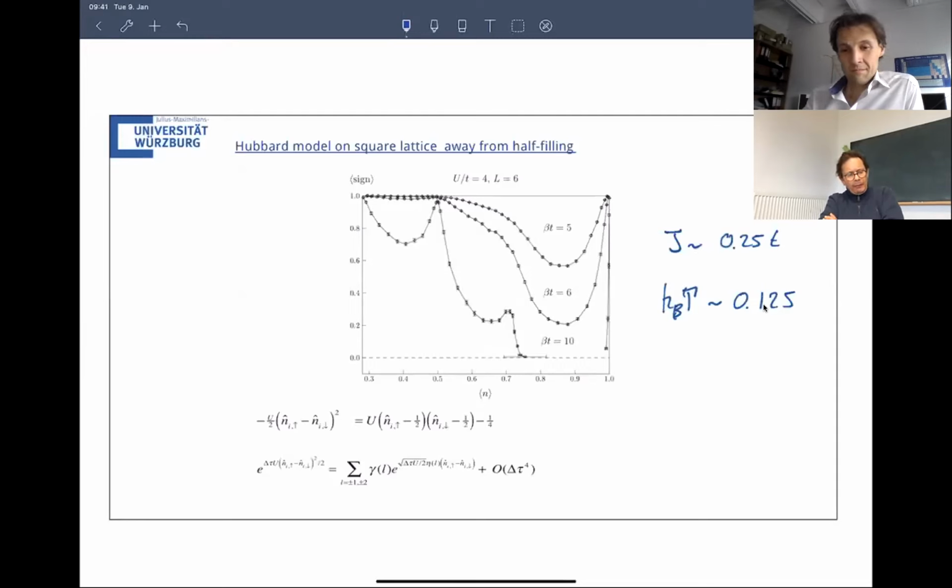Generically, if you use world line type methods like world line or SSE, and you have a sign problem, then it will be worse than if you can formulate things with the auxiliary field. That's my point of view. So, for example, if you take free electrons in 2D and you try to simulate this with a world line type approach, then you will have a dreadful sign problem and you'll be dead.